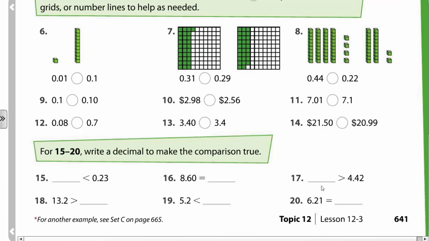Give me any number that is greater than 4 and 42 hundredths. Okay, 6.57. It should be right, of course, because 6 is greater than 4. You don't have any rules here. You can use any numbers.